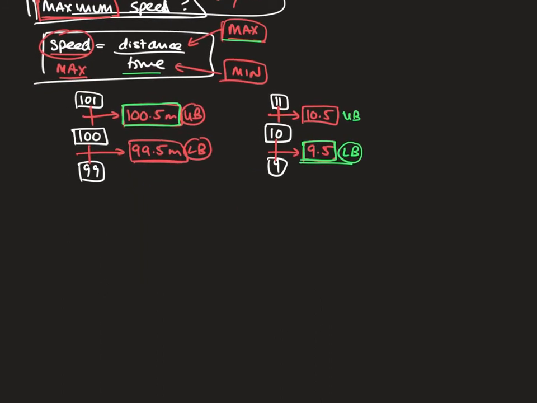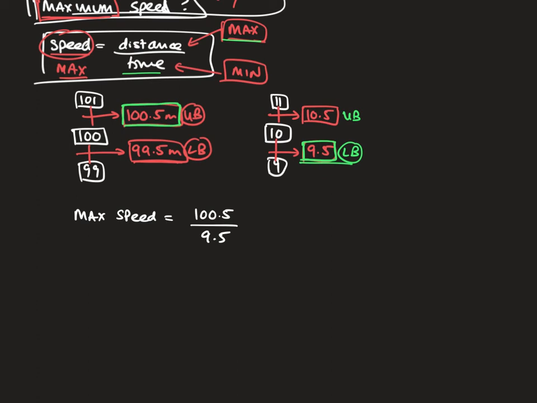So to get the maximum speed, we're going to use the maximum distance, which was 100.5 meters, and divide that by the minimum time, which was 9.5 seconds.